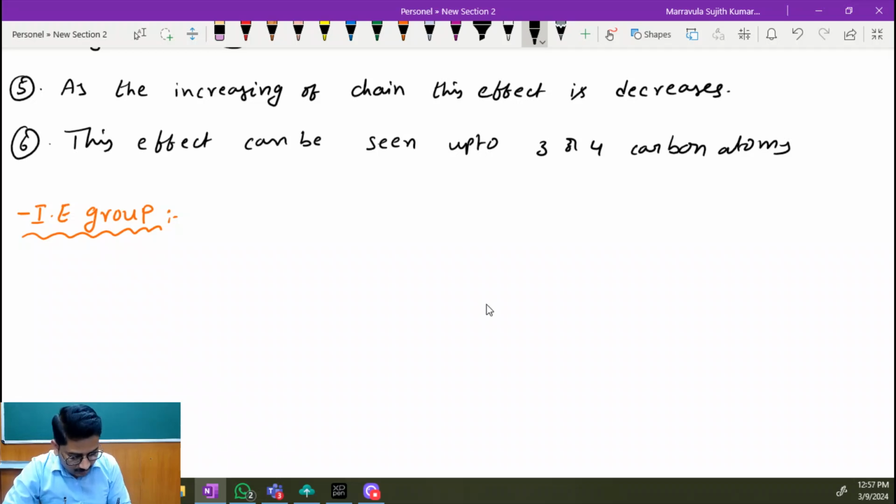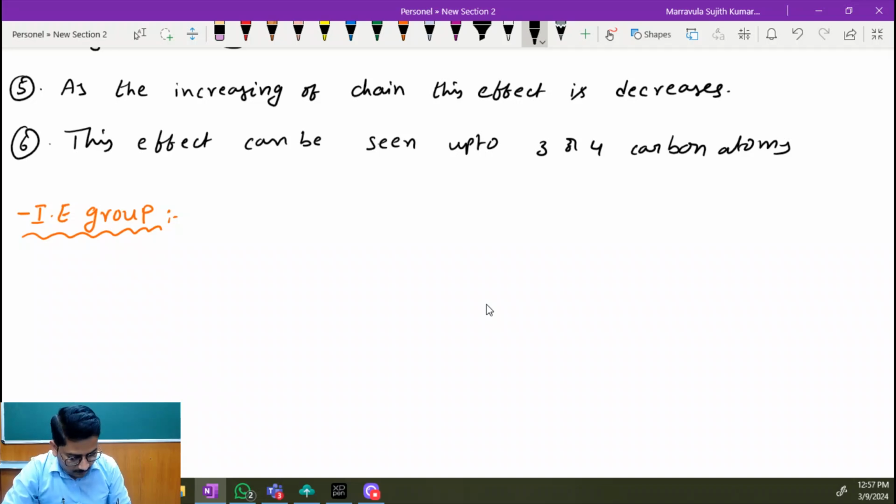These are also called electron withdrawing groups. Electron withdrawing group means the substance in the compound which is more electronegative than hydrogen or carbon, so that it can take away the electrons from that compound. That is why we say it is called a minus I group.